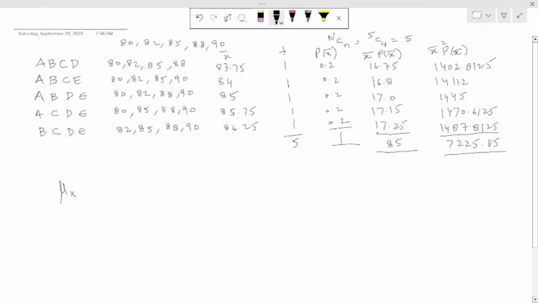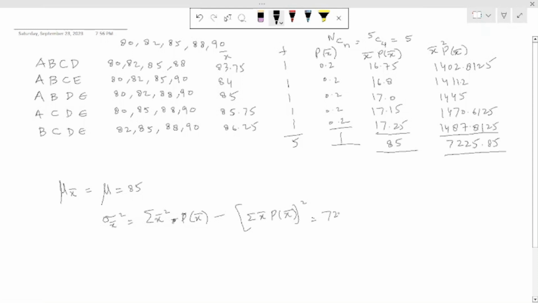So again, mu of x bar, which is the mean of the sample means, is equal to the population mean, which equals 85, and sigma of x bar squared would be summation x bar squared times p of x bar minus summation x bar times p of x bar whole squared.